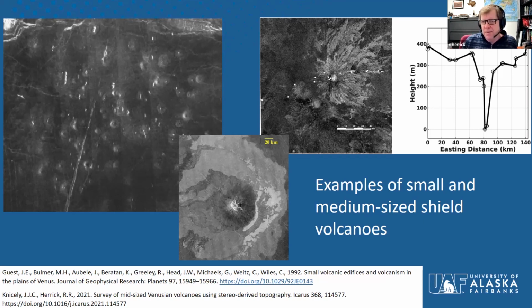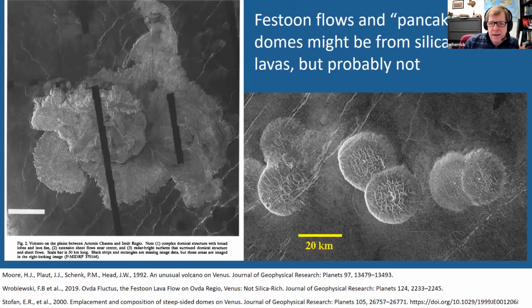These small shield fields are thought to have a significant role in placing the low-lying volcanic plains. And then you also see some of these shield fields in some cases near the summit of some of the larger volcanoes. All right, next slide, please.